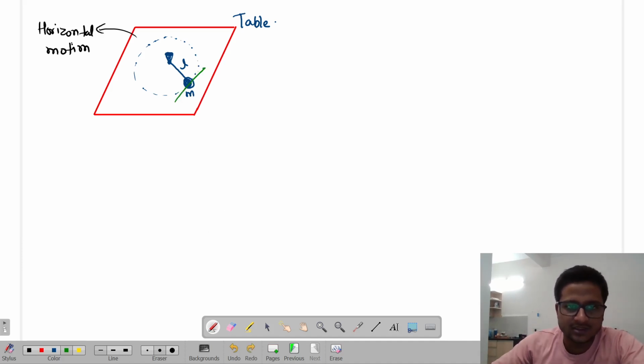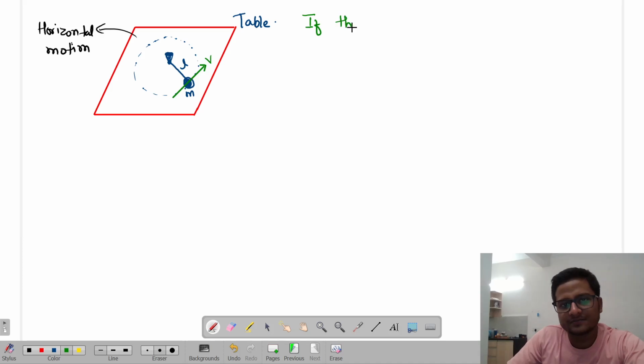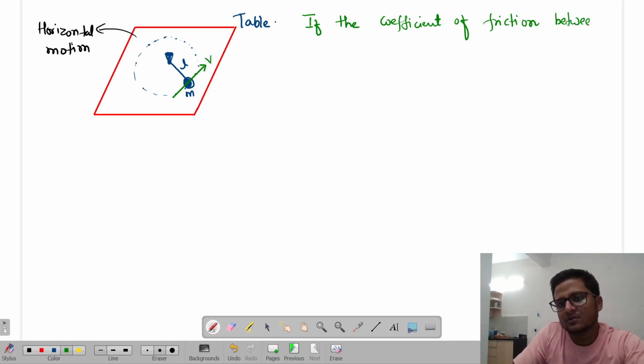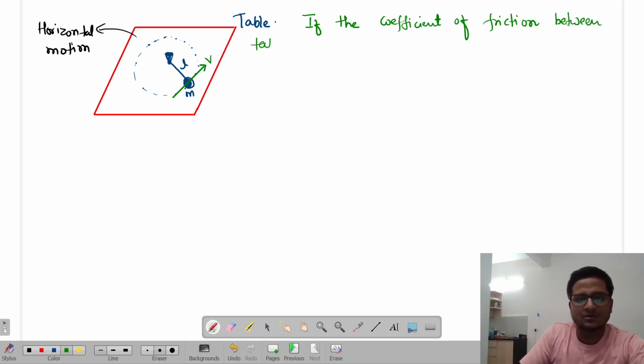I'll definitely provide some initial velocity. It says that if the coefficient of friction between the table and mass m is mu, what did it say?